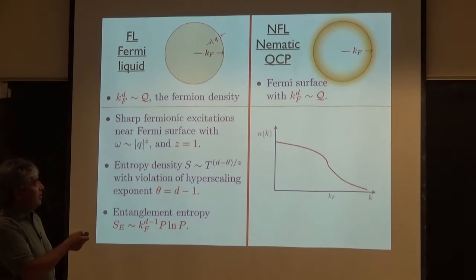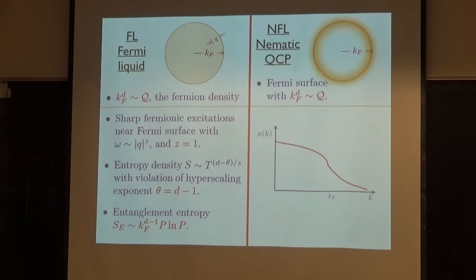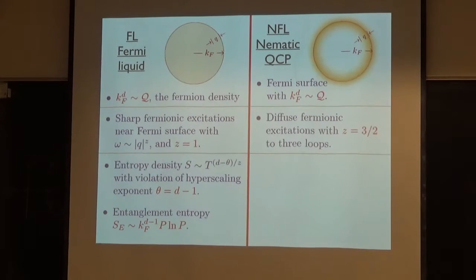And that singularity is determined by this exponent z and another exponent eta that I haven't talked about. But there's still a Fermi surface, and it also obeys the Luttinger criteria. So that doesn't disappear. But what is changed is that these sharp excitations in the Fermi surface become diffuse, and the energy as a function of distance from the Fermi surface goes as q to the 3/2.